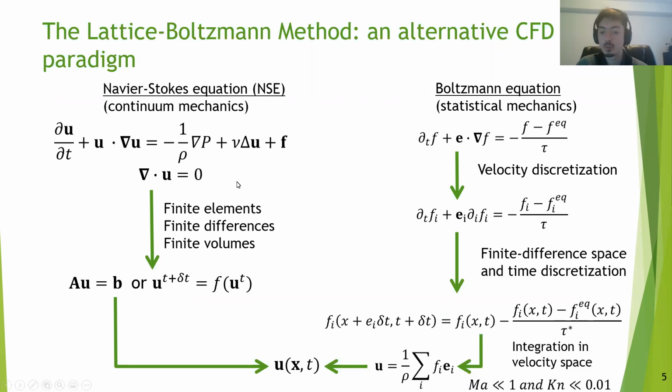The main advantage of the Lattice-Boltzmann method for the simulation of flows through porous media is that it is highly parallelizable. As we can see, all of those operations are local and for each node, which makes it easy to distribute computations on many CPUs.